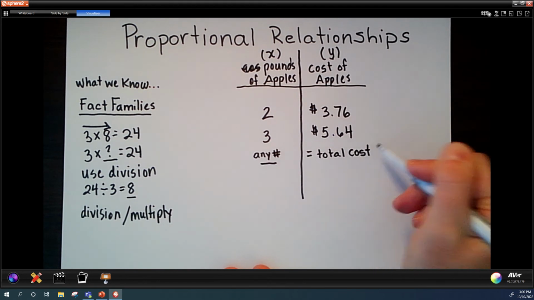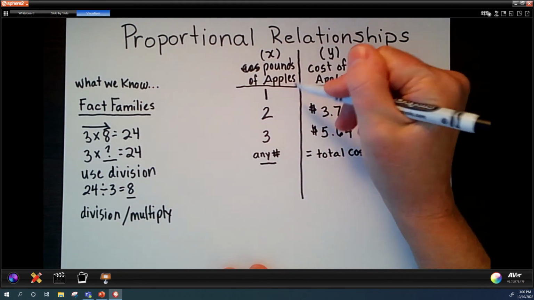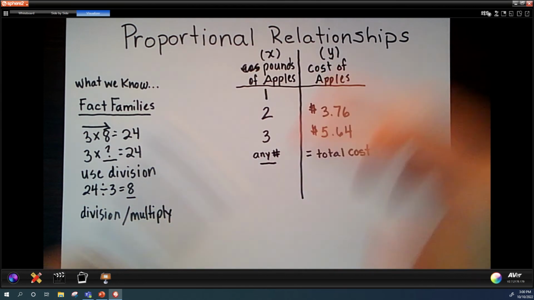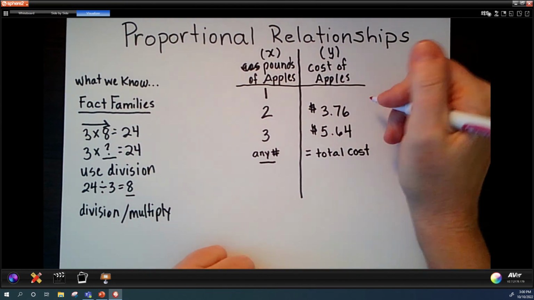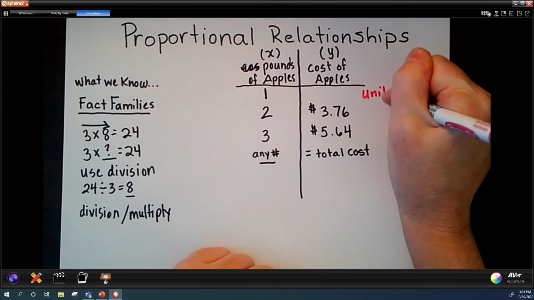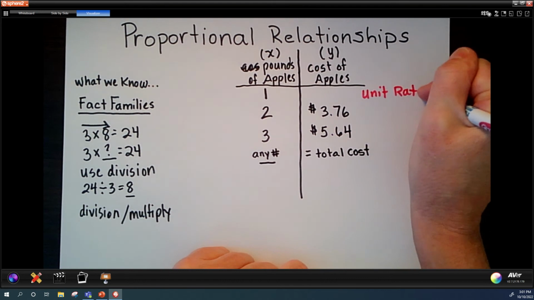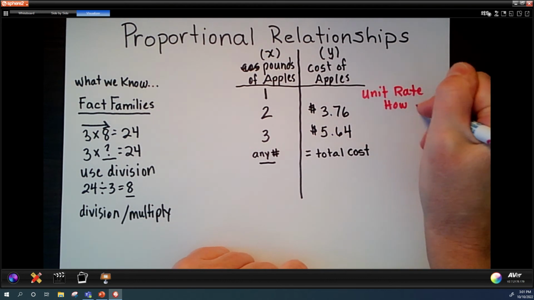All right, so our goal is to find the one to something. We like to call that the unit rate. How much does one cost?